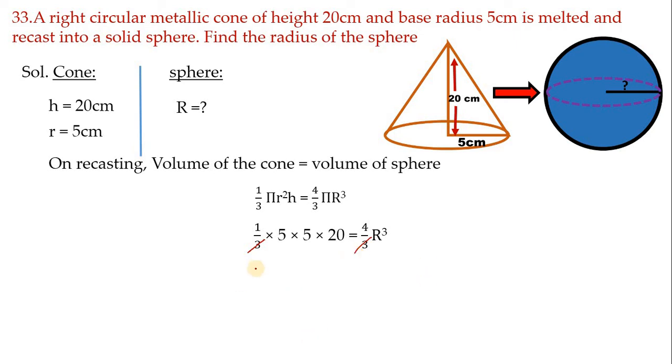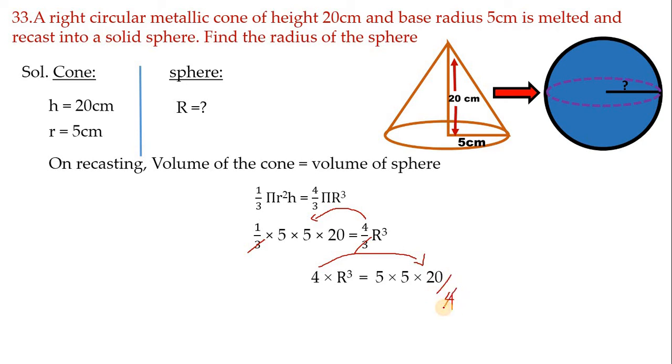Next, this 4, you transfer to this side. This multiplication 4, if you transfer to this side, becomes the denominator. And this 4 you transfer to this side too.